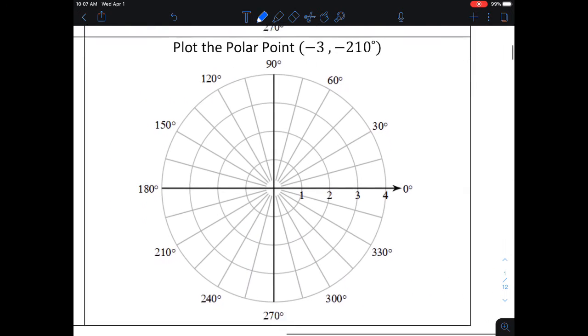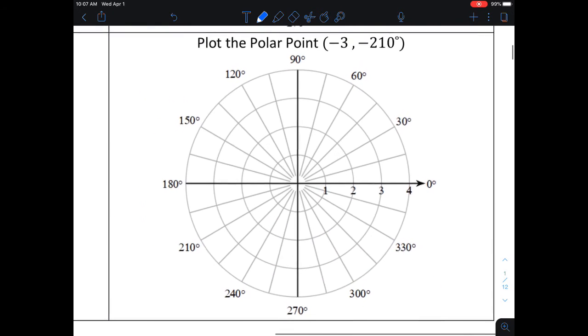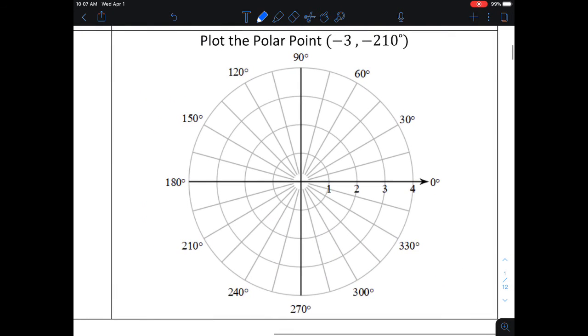Okay, and then we got one more here. Let's look at when we have a negative radius, because we're another polar point, and a negative angle measure. So the way I would do this is I would go to my circle where I have the radius of 3, which is going to be that one there that I indicated. And I'm going to find the point positive 3 by negative 210 degrees.